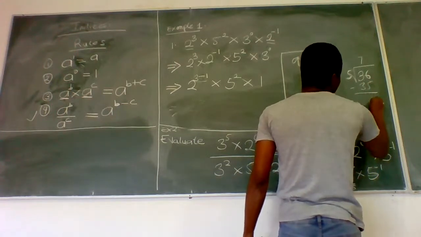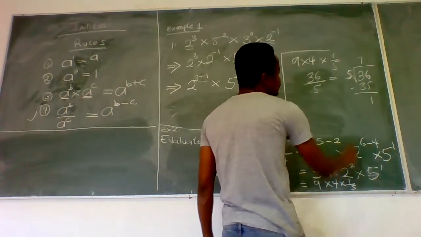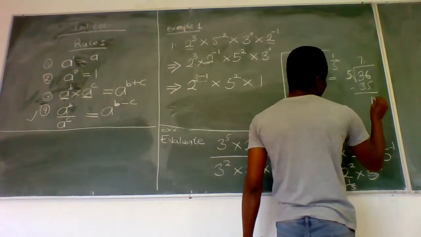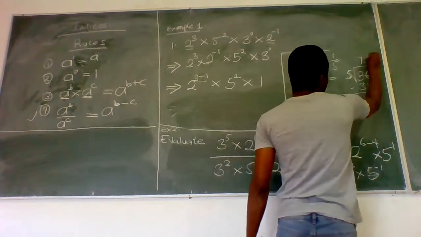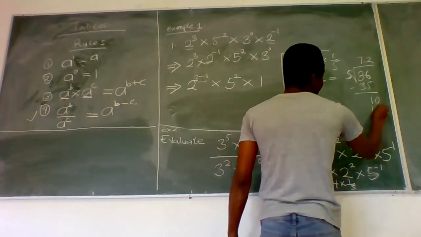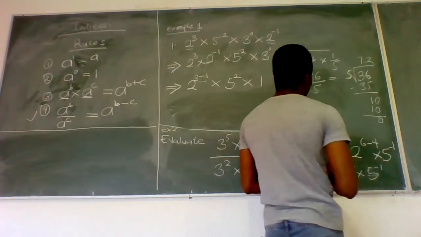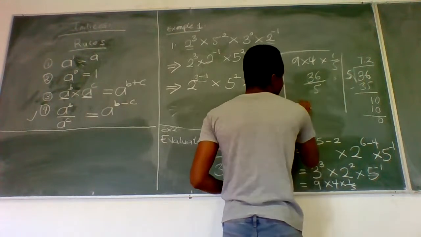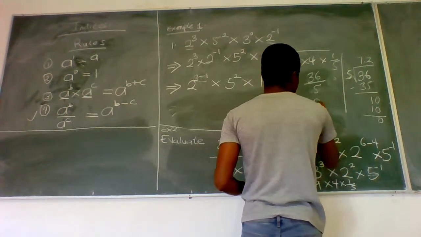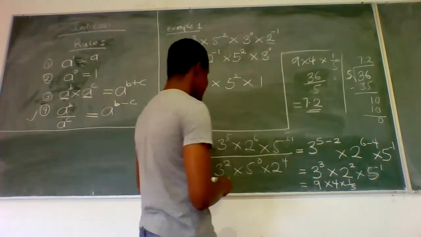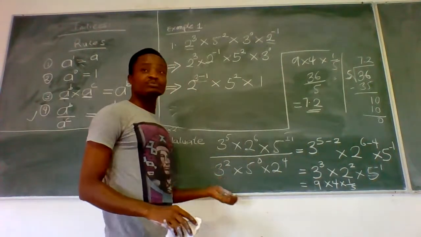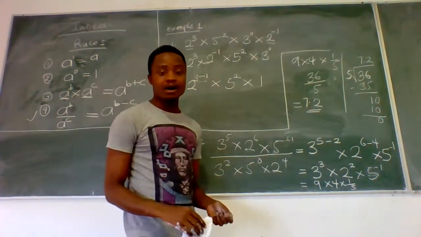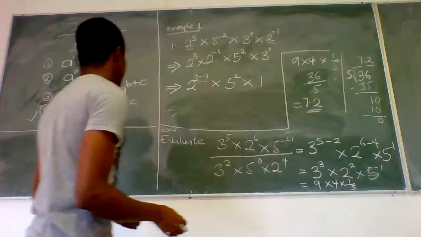When you subtract, you have 1. 5 cannot go into 1, so we introduce our decimals and add 0. 5 goes into 10, 2 times. 2 times 5 is 10. So from here, we know that our answer is equal to 7 point 2. That's the final result. So this is how the division also works.